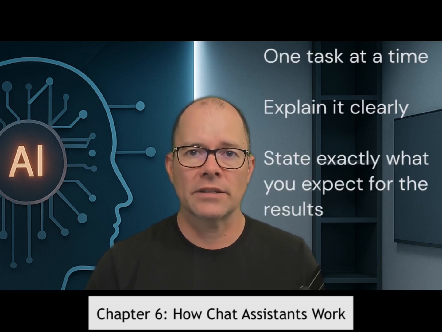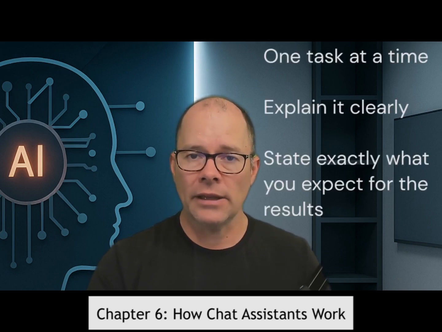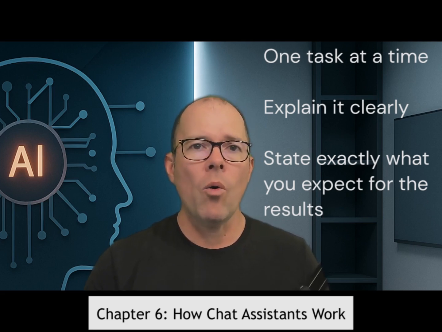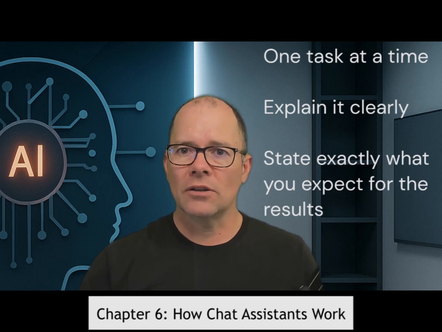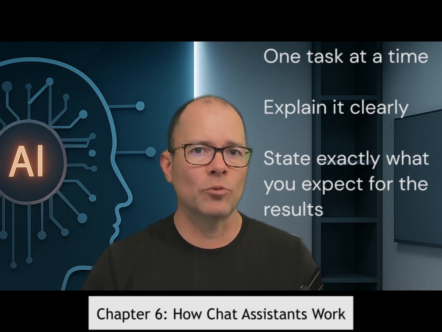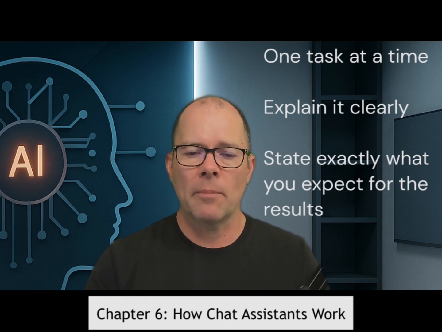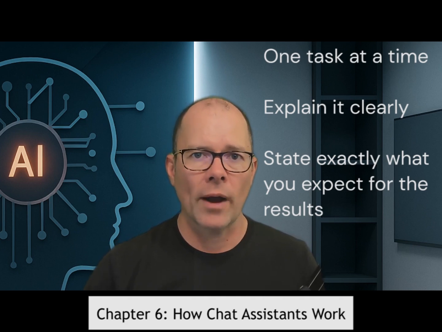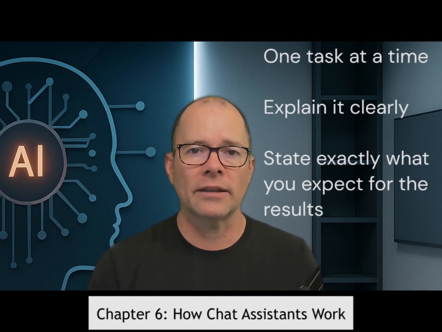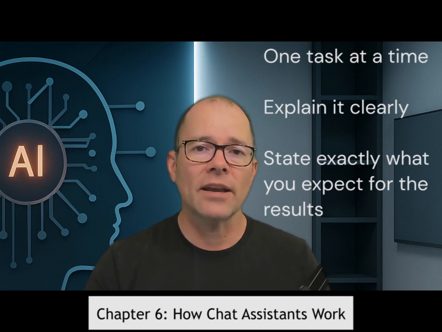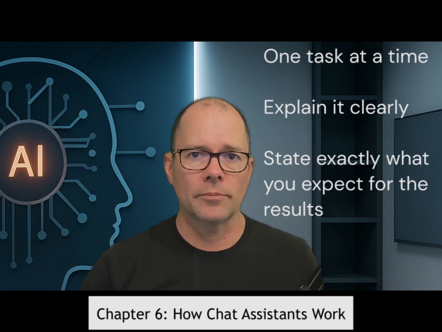So are you better off to give her one task at a time and explain it clearly with exactly the types of results that you're expecting? Or can you just jumble a whole bunch of requests together and expect that she's going to be able to sort them all out, because there's a bunch of contextual background behind each of these requests? Well, I hope you would understand that the first method is going to be the most successful, and that's how you have to treat the AI chatbots.